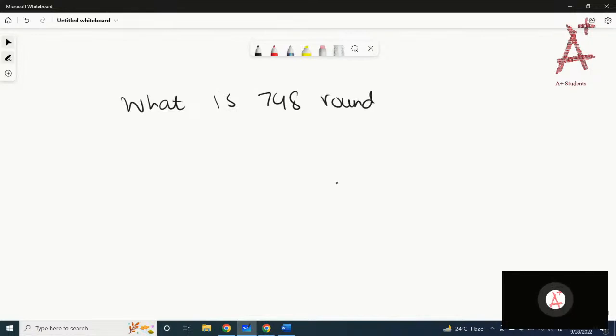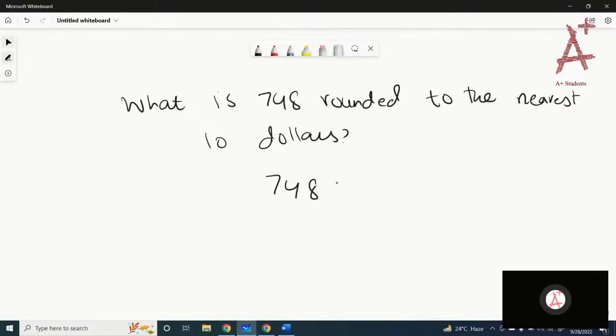So first you have to find the digit that is at the 10th position. 4 is at the 10th position. Now look at the right hand side. Right hand side you have 8. You have to compare the 8 with the 5. Is 8 greater than 5 or less than 5?